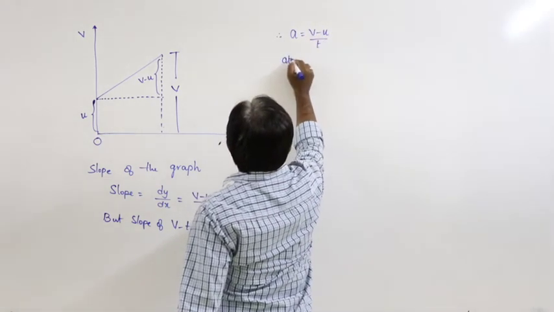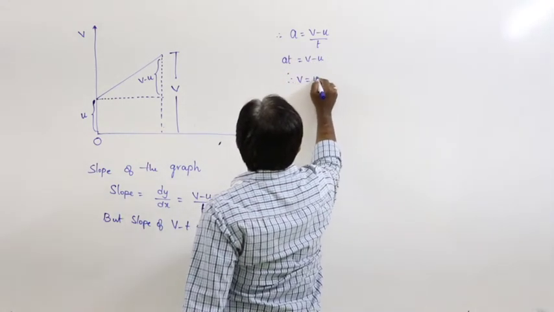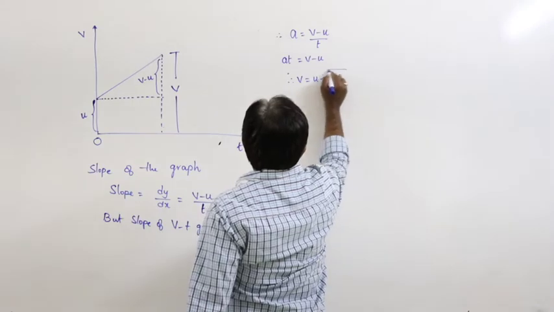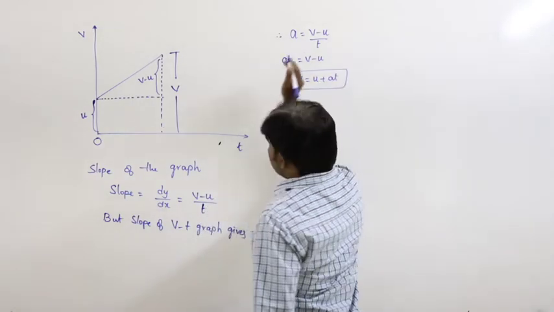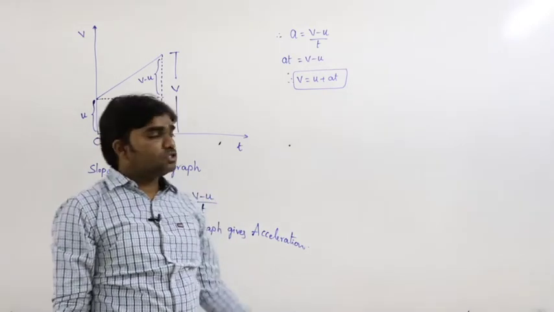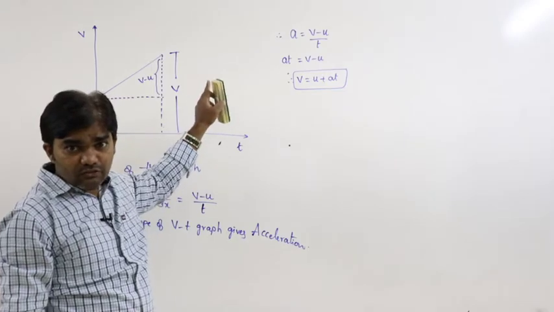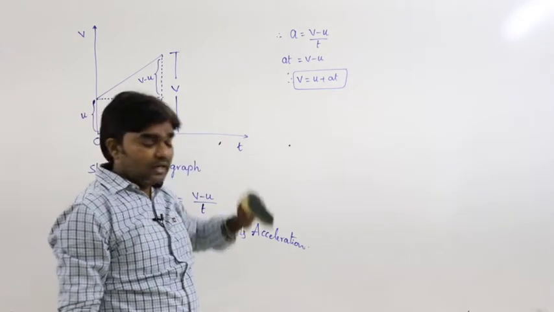So at is equal to v minus u, therefore v is equal to u plus at. First equation of motion. Derivation of first equation of motion by using graphical method.